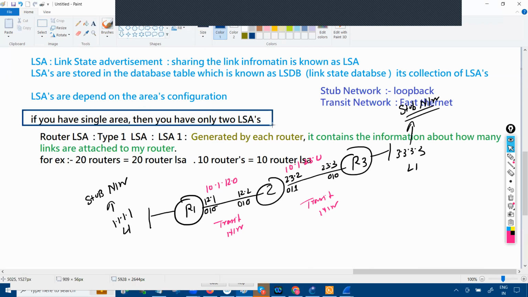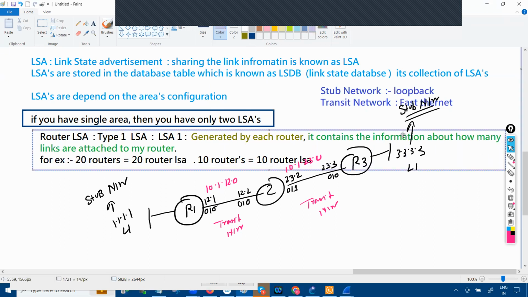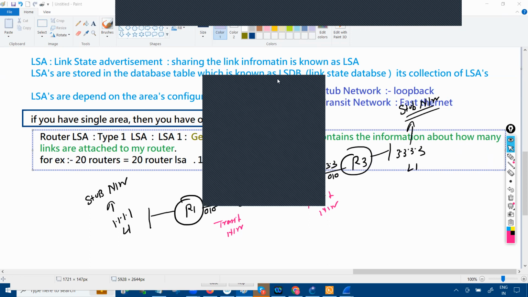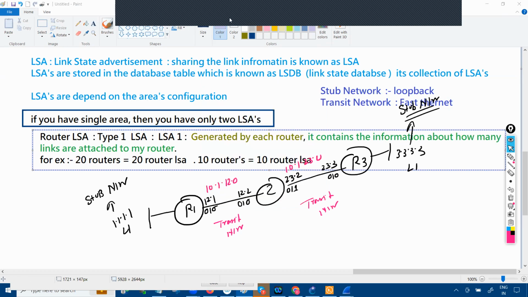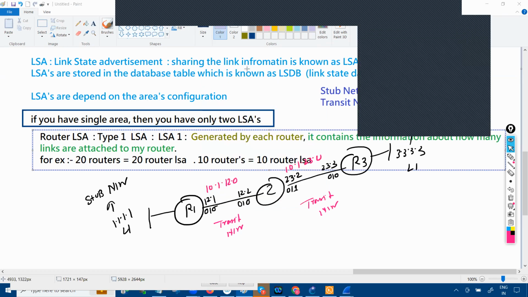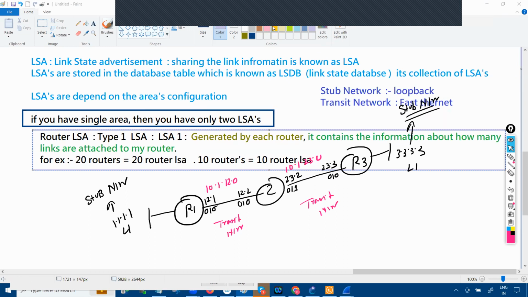Four. How did you see the 4? What's the question again? You missed that question. The question is, how many router LSAs in this topology? Nishar said 3, right? So 3 is the correct answer. In this topology, 3 routers.